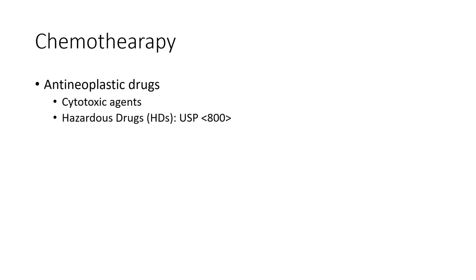Now, all chemotherapy drugs are considered to be hazardous drugs, which are usually abbreviated HD. I'm noting here USP 800, which stands for United States Pharmacopeia Chapter 800. These are guidelines for handling all hazardous drugs. All chemotherapy drugs are hazardous drugs, but there are more things in the hazardous drug categories other than chemotherapy.